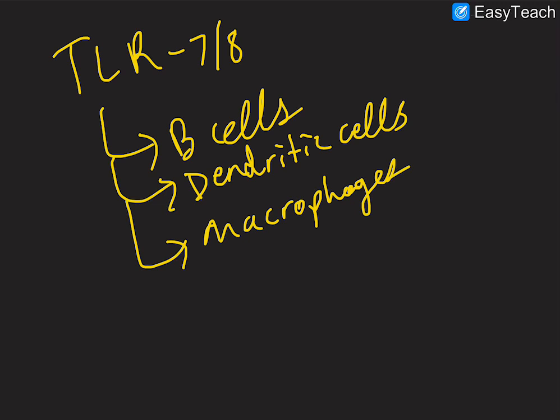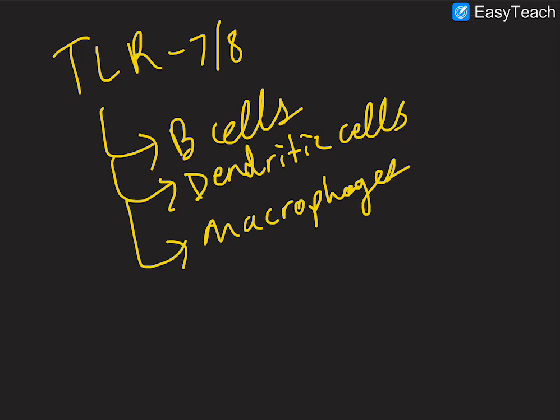So remember that when we talked about toll-like receptors 1, 2, 5 and 6, we talked about how you can find those toll-like receptors on the cell surface, even toll-like receptor 4. But remember when we started talking about toll-like receptor 3, we switched to the fact that you don't find that on the cell surface anymore.